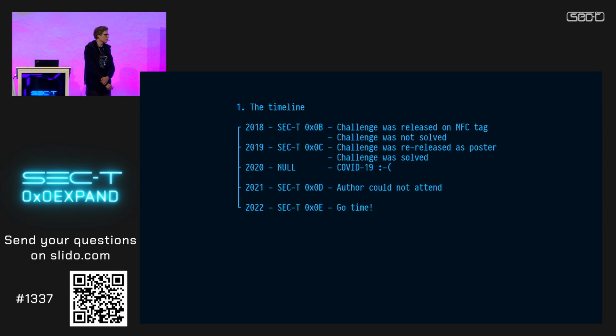Because before then, I'd always bought a student ticket, which was cheap enough. So I figured maybe my best chance at getting back here was to earn a free ticket, and I gave the challenge another go, and eventually succeeded in solving it. And then COVID struck. And then last year I couldn't attend, but now it is finally go time.